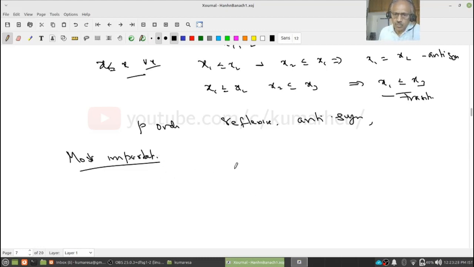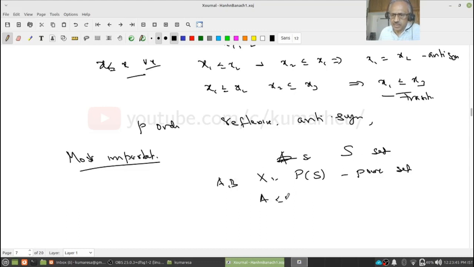Anyway, the most important example is this: suppose S is a set, and my X is the power set, that is the set of all subsets. If I have two elements A and B, that means A and B are subsets of S. I say A is less than or equal to B if and only if A is contained in B. Then you can see this is a partial order.